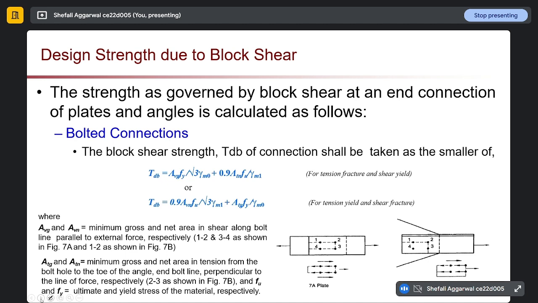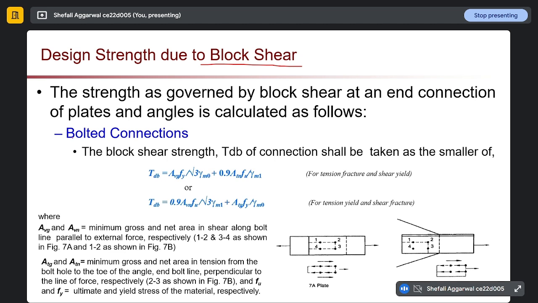So if you go to the next thing, first we have seen the design strength normally. If we have a block shear case, then our design strength will be changing according to our type of connection.